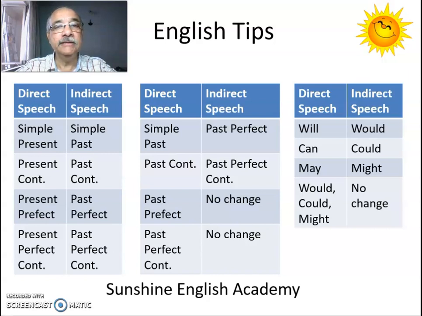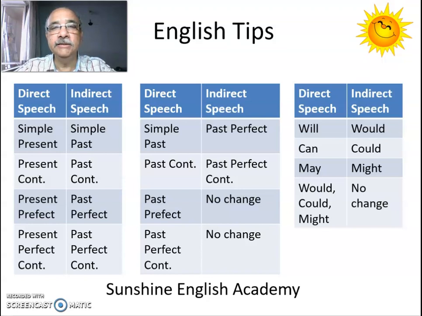The simple present changes to simple past, present continuous to past continuous, present perfect to past perfect, present perfect continuous to past perfect continuous. Note that the simple part remains simple, continuous part remains continuous, perfect part remains perfect, and perfect continuous remains perfect continuous.